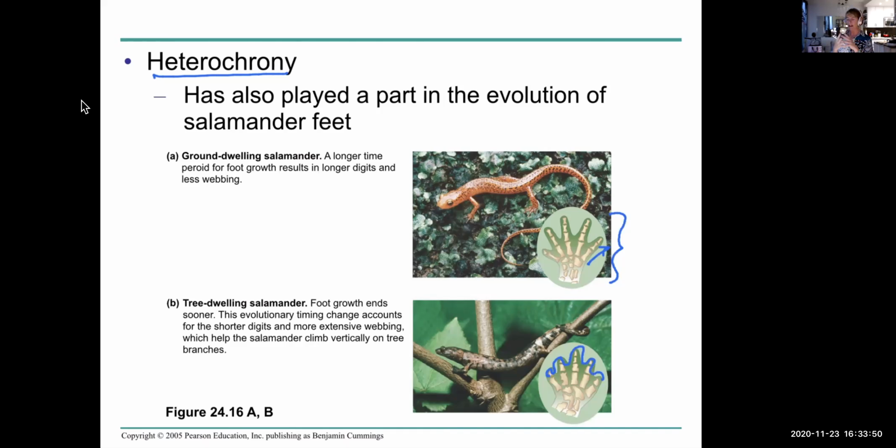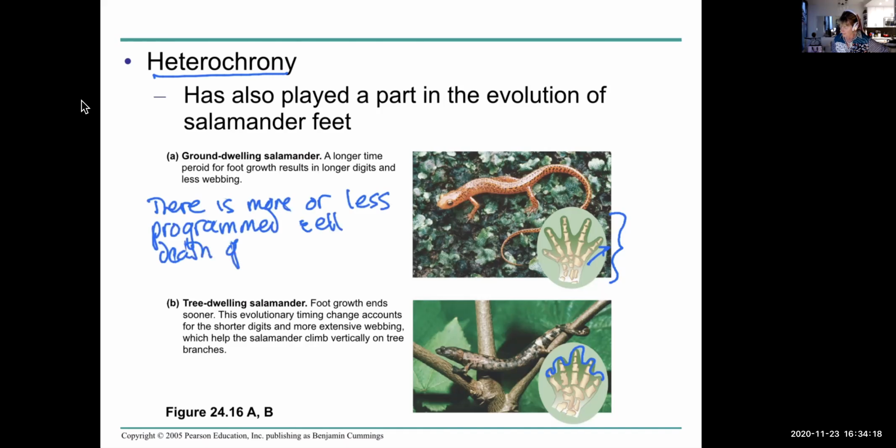We have webbing between our fingers, and then programmed cell death gets rid of the webbing. That's something that occurs during development. But in the case of these salamanders, there is more or less programmed cell death of webbing between digits during development.